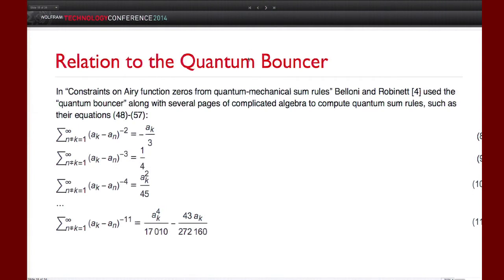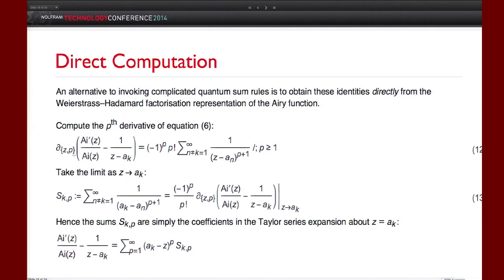Well, Belloni and Robinett were looking at these products, and the equations that I showed earlier are essentially this series of results. So this is the difference between two Airy zeros, and you're interested in this infinite sum. And they found these interesting combinations which they were surprised by. But I'll just show you that it's essentially a trivial result.